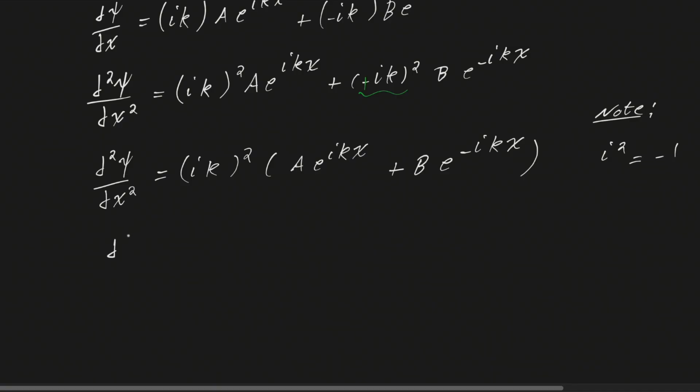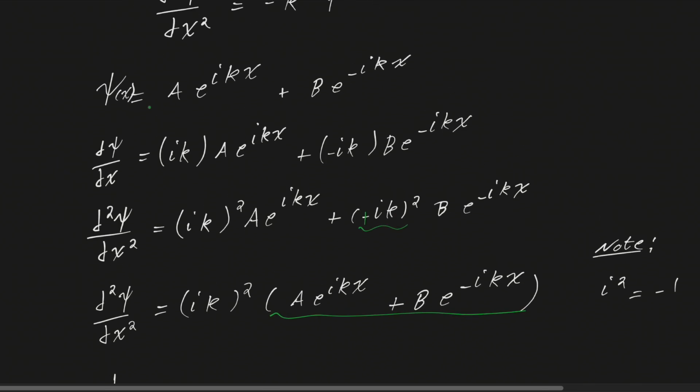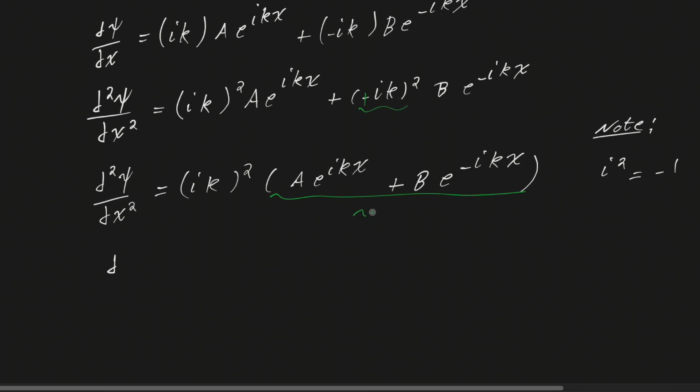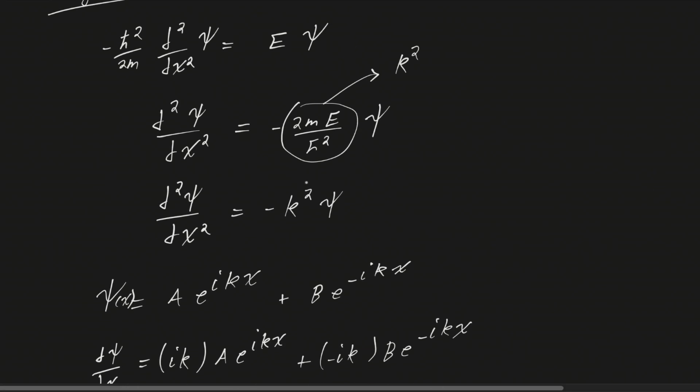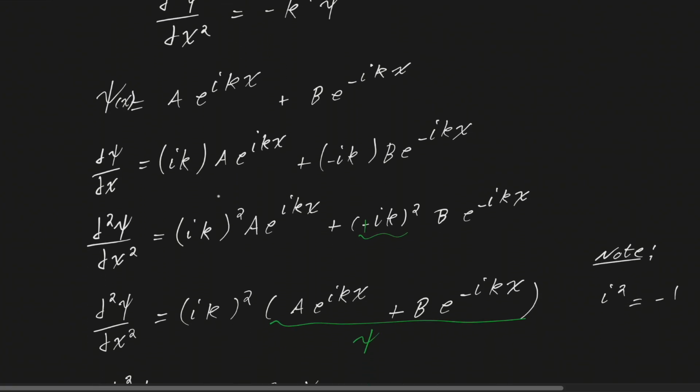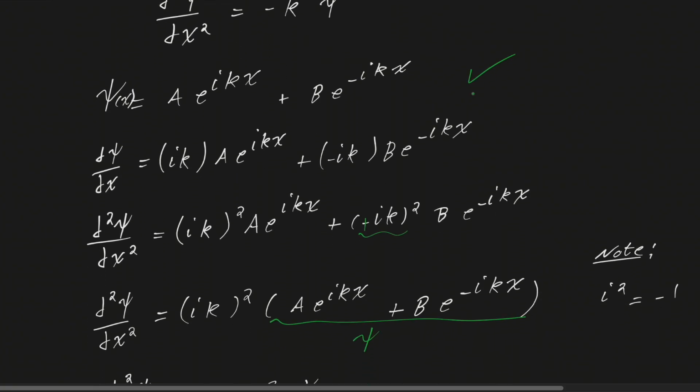If we observe this, it is just the psi that we defined earlier. So finally, d squared psi with respect to x squared is equal to minus k squared psi, which is indeed the equation we had earlier. So psi is indeed a solution to that differential equation.